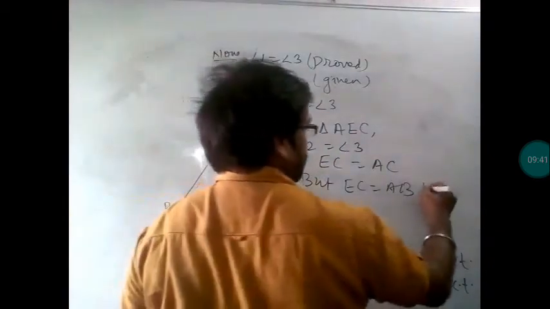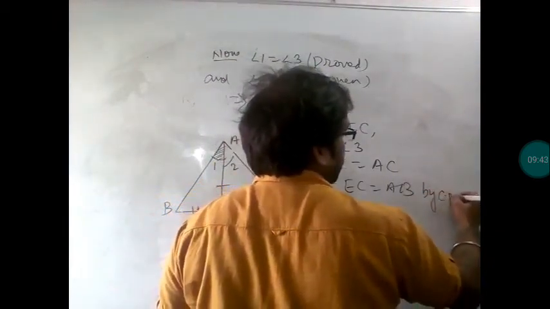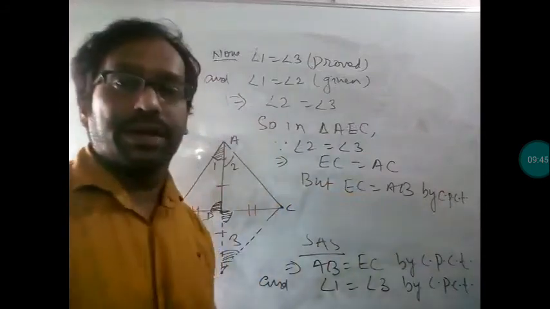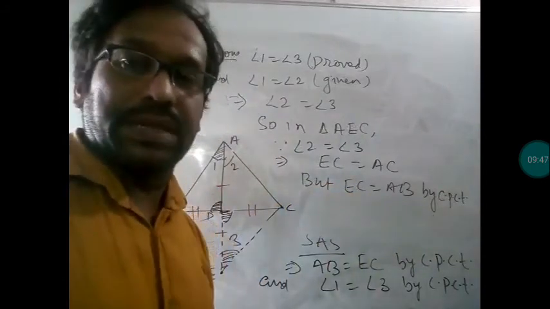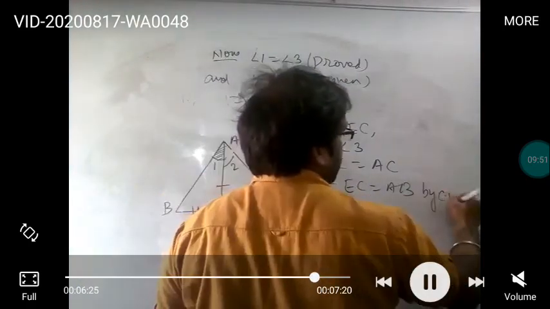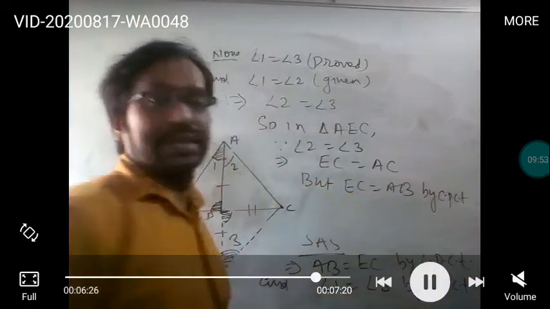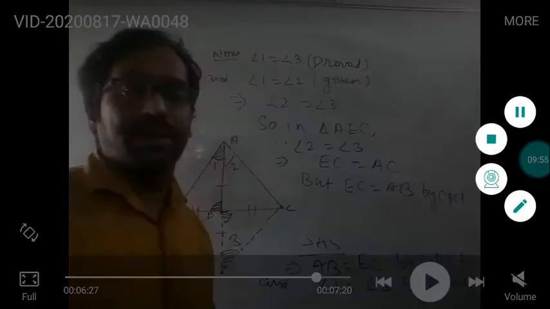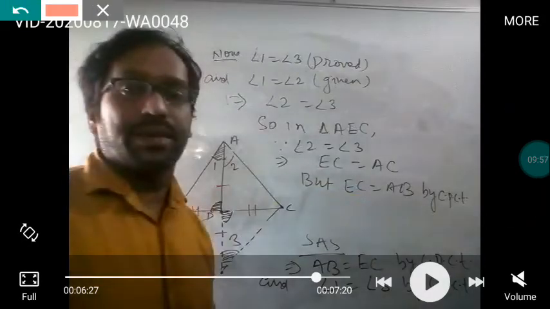AC is equal to EC as well as AB is also equal to EC. From these two we can say that AC is also equal to AB.